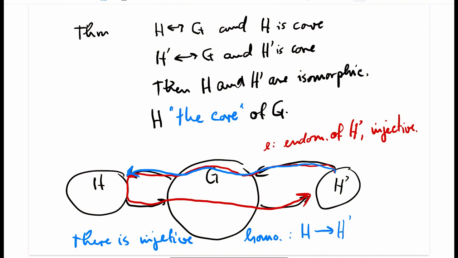In very much the same way, but arguing symmetrically, we also obtain an injective homomorphism from H prime to H. And now it's an easy exercise to prove that if this happens for finite graphs, this means that H and H prime must be isomorphic. H and H prime are isomorphic. End of proof.